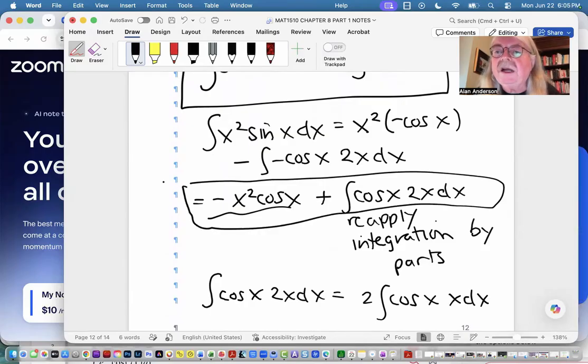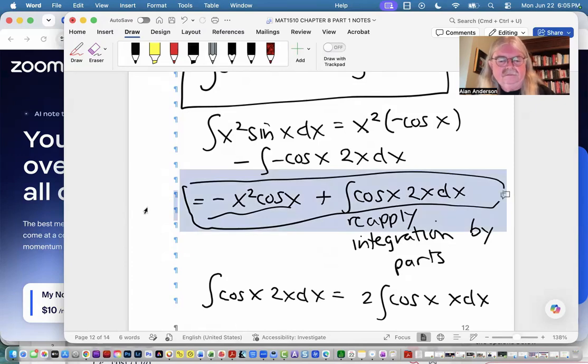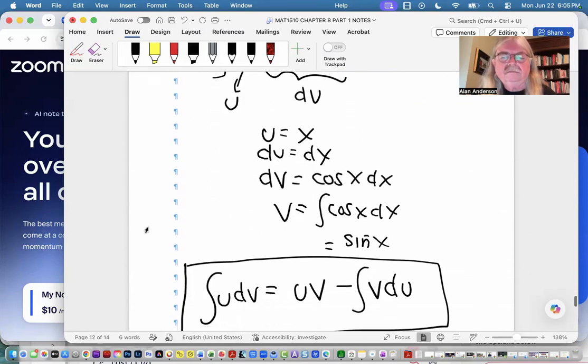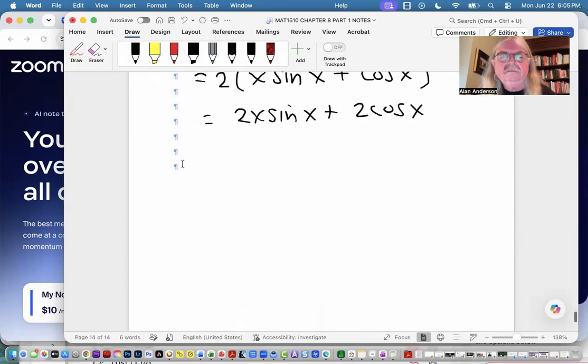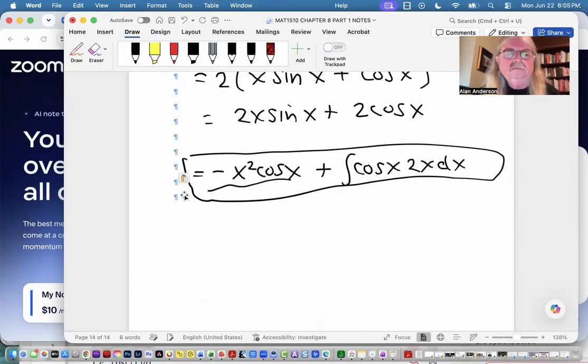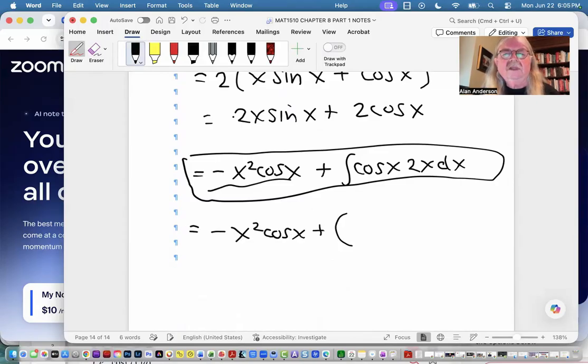So we're going to reunite all these terms basically. So this comes down here.